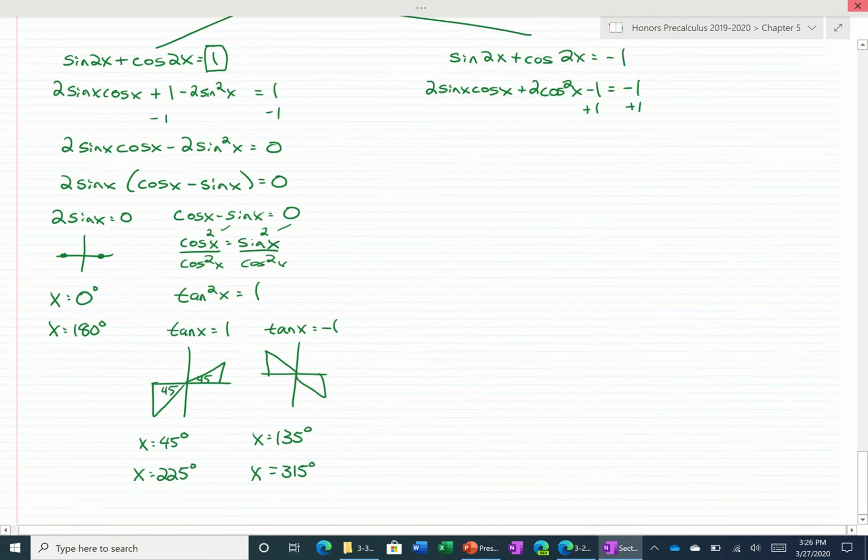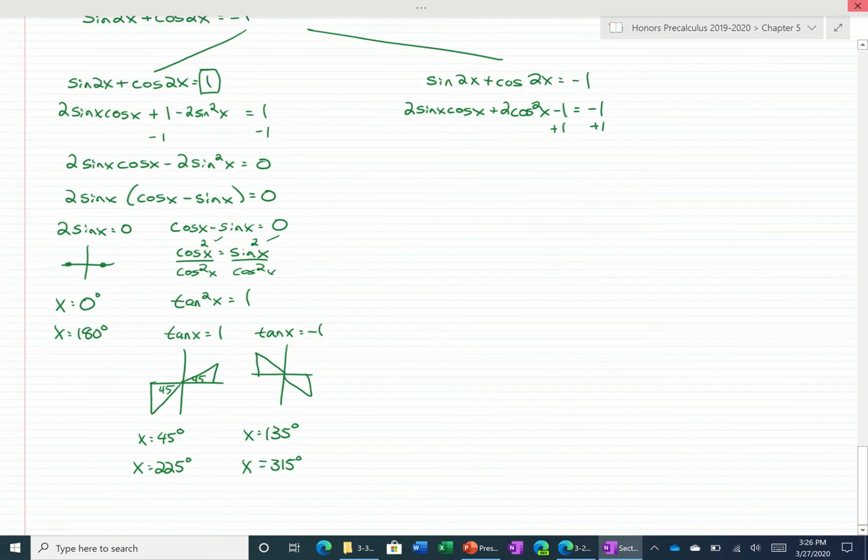All right, so I know this problem's kind of long. Let's take a look at the other side. I already explained why I chose to do this, so that when we bring the 1 over, we would get 0. So we would get 2 times the sine of x cosine of x plus 2 cosine squared of x is equal to 0.